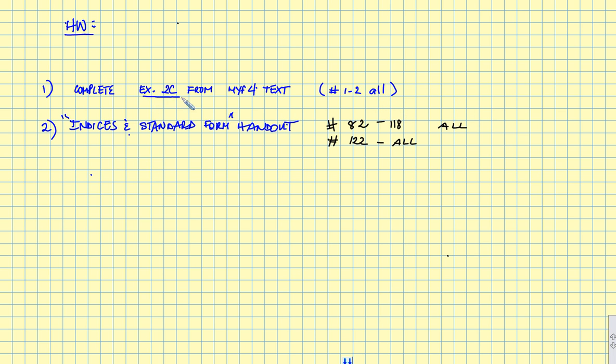And then I would like for you to go back to that really long handout with the questions that went from 1 to 150, the indices in standard form handout, which is on Google Drive. And I would like for you to go over questions 82 through to 118, and then all of question 122.